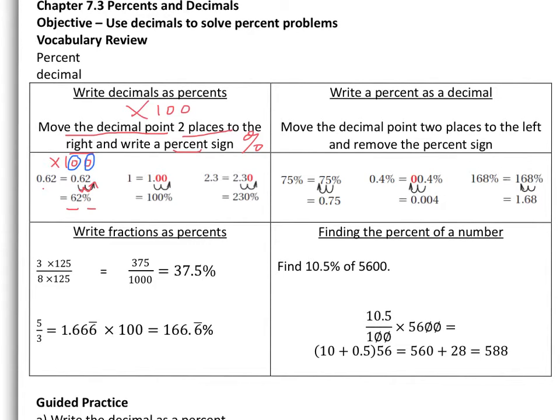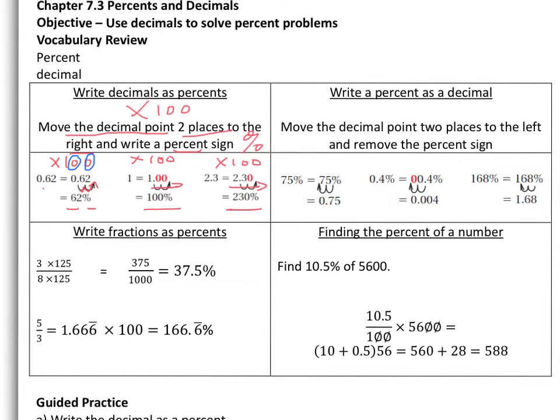Same thing for 1. I just have to multiply by 100 to get 100%, or shift 2 decimal places to the right. The same thing goes for 2.3. Multiply by 100, shift the decimal places to the right 2 times, and get 230%.